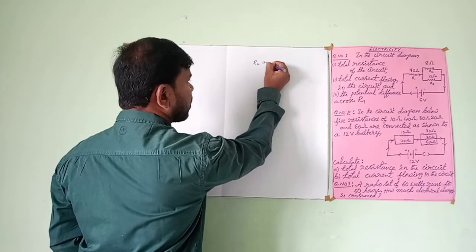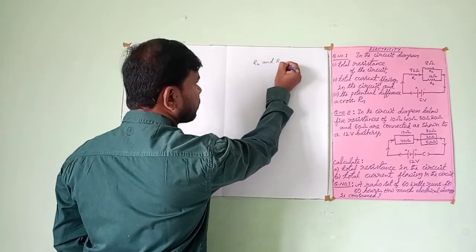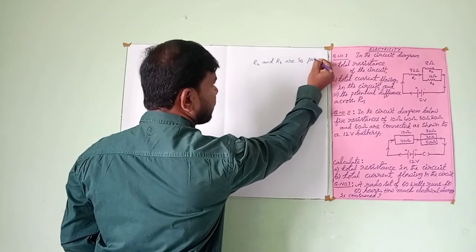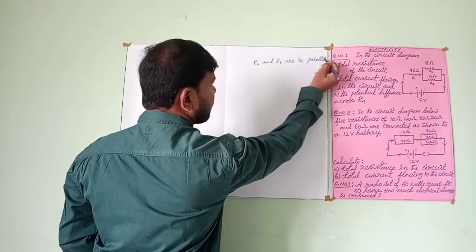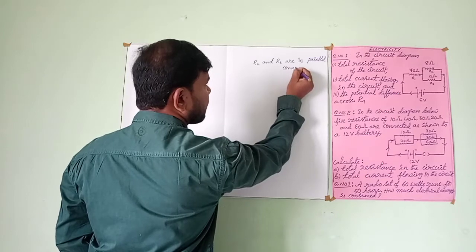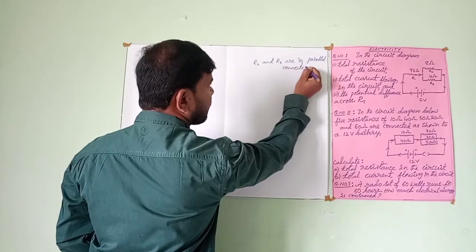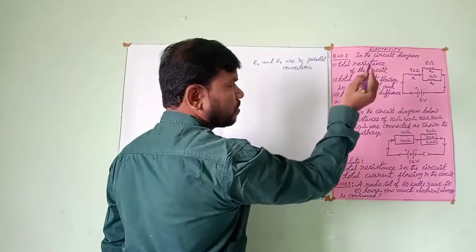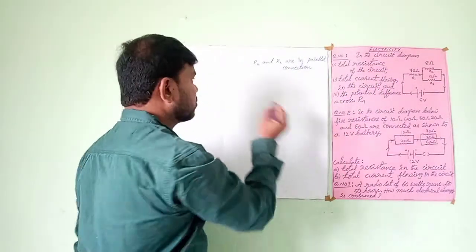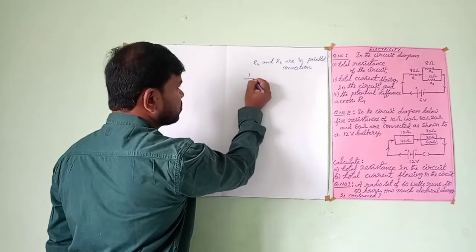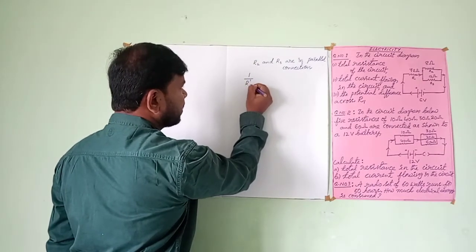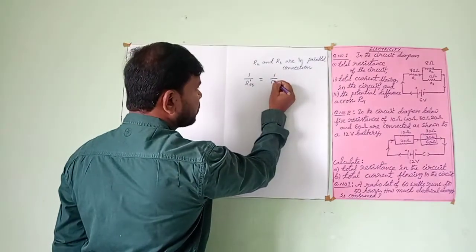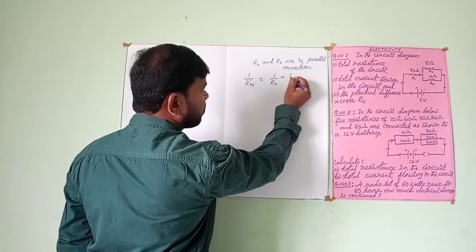Based on the diagram, we observed that R2 and R3 are in parallel connection. So for the equivalent resistance, 1 by R dash equivalent is equal to 1 by R2 plus 1 by R3.